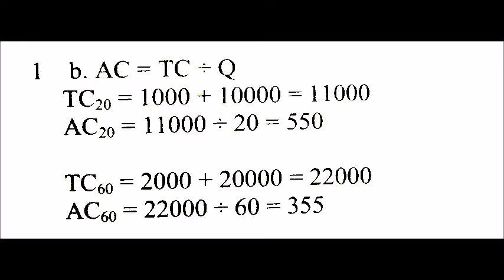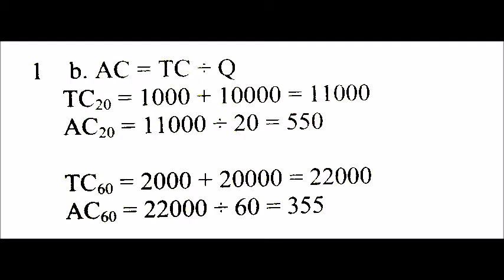So total cost at 20 is 1,000 plus 10,000, which is 11,000. So average cost of 20 will be 11,000 divided by 20, which will give you 550.